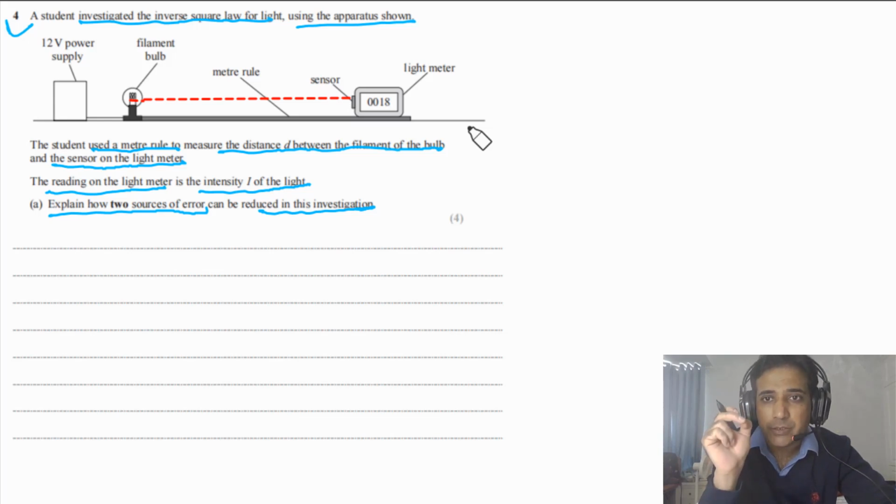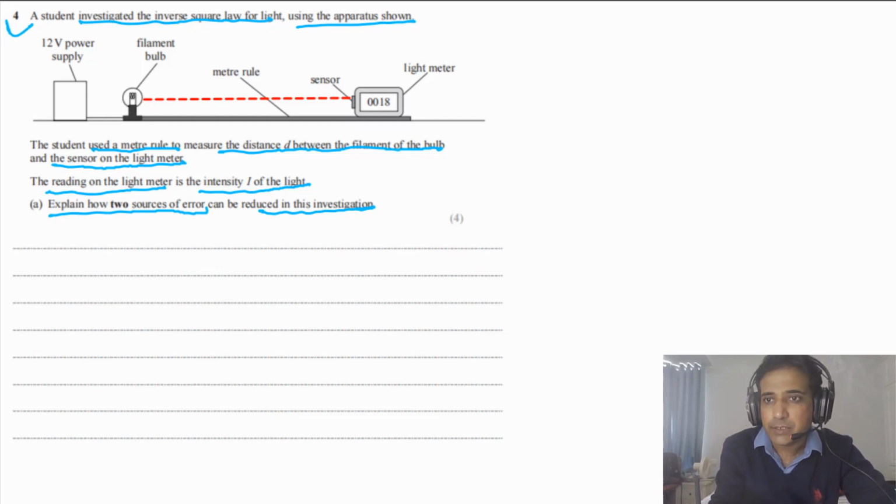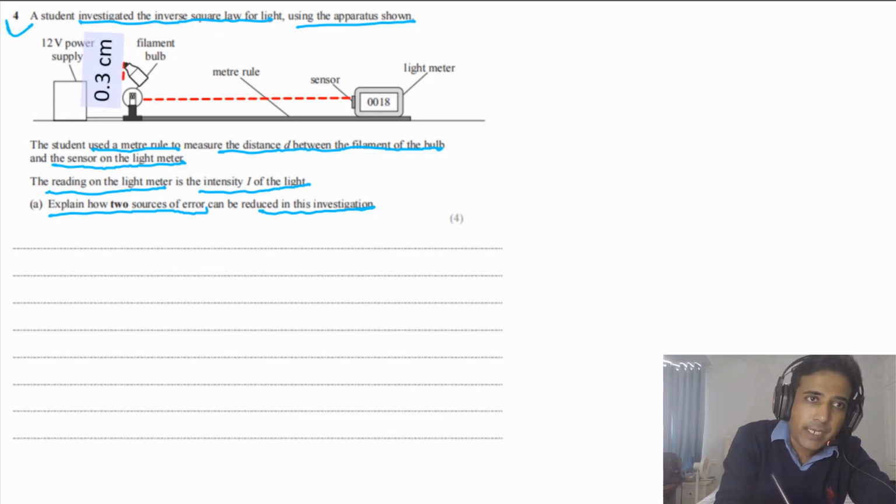So how can we measure distance accurately? Let me clean this a little. First of all we can find the diameter of this light bulb, and after finding the diameter we can find the radius.